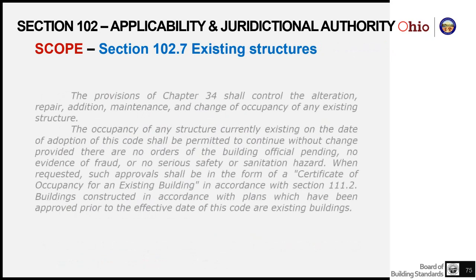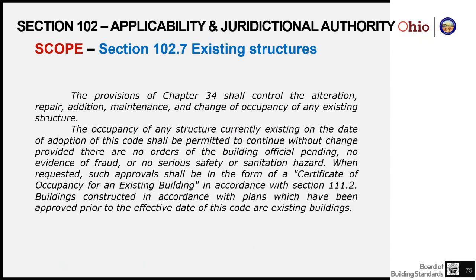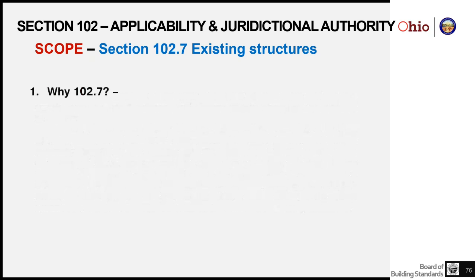So, existing facilities, 1027. This is one of my go-to sections. It's kind of where I start a lot of my answers to anybody who has a question about making some kind of change to their existing building. Why 1027?